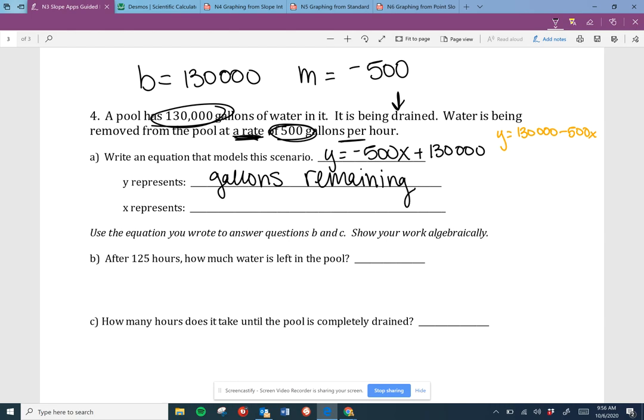X is 125. So we start with our equation, negative 500x plus 130,000, and I'm substituting in that x value of 125 hours. Okay, so I'm keeping the equation the same. All I'm doing is replacing the x with 125.